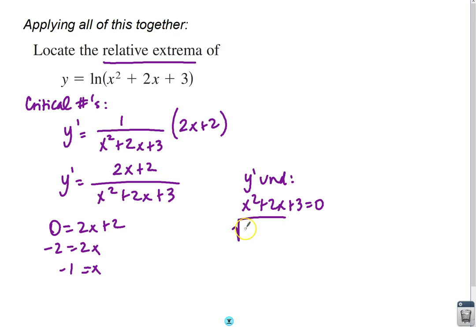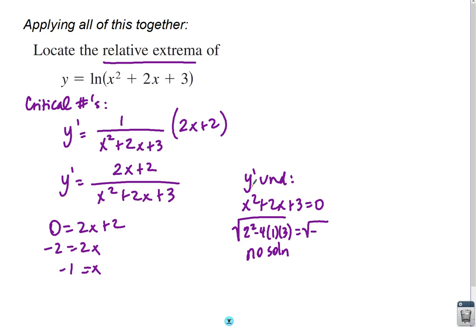So I would have b squared, so 2 squared minus 4 times 1 times 3. This is going to end up being a negative number on the inside, so that means I have no solutions here. So there's not a place where my derivative is undefined. Okay, cool. So then x equals negative 1 is my only critical number.